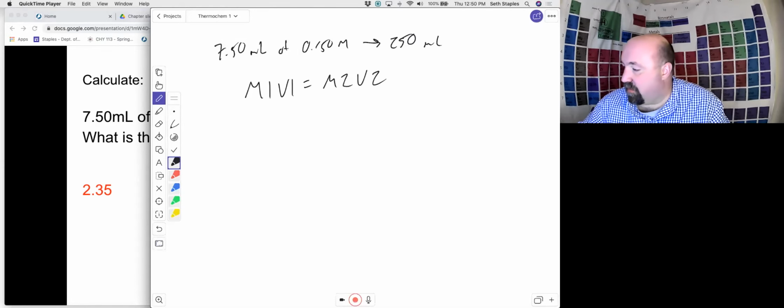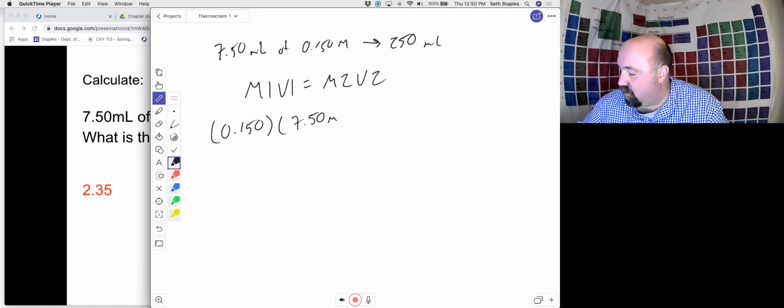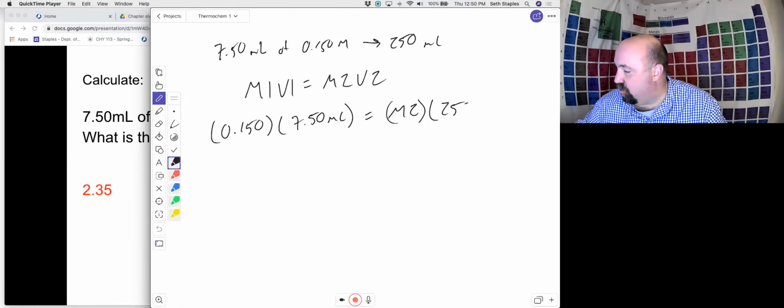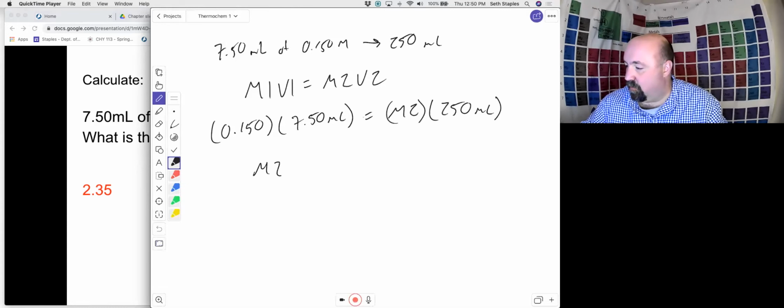The initial molarity of our solution was 0.150 molar, and we took 7.50 milliliters of that. The new molarity is what we're looking for. We diluted that up to 250 milliliters.